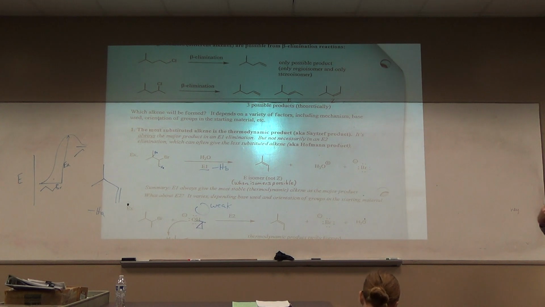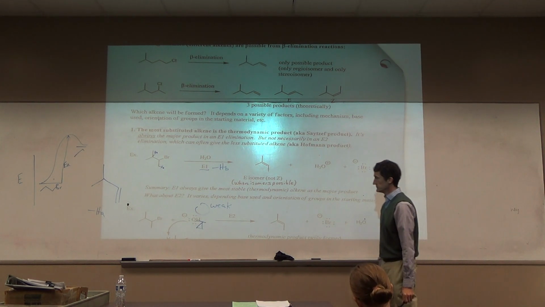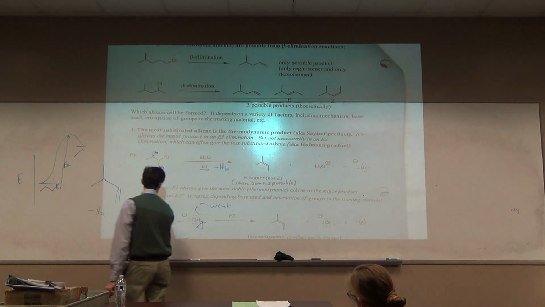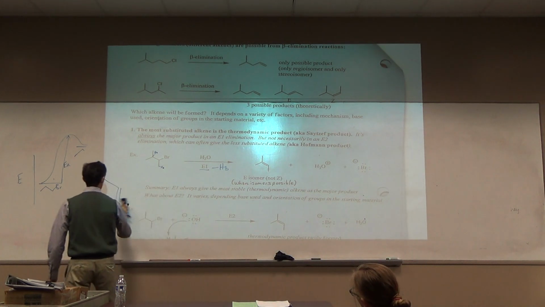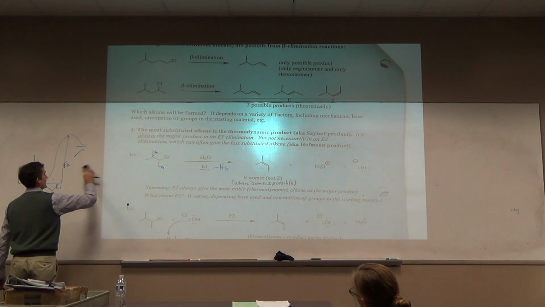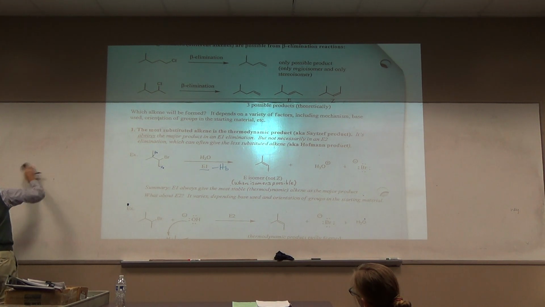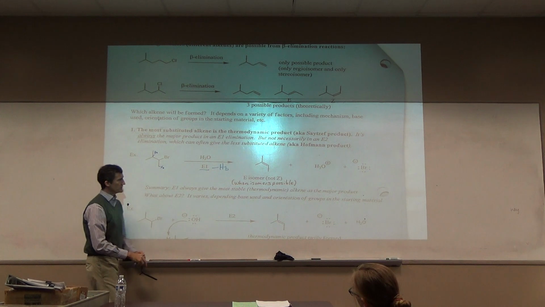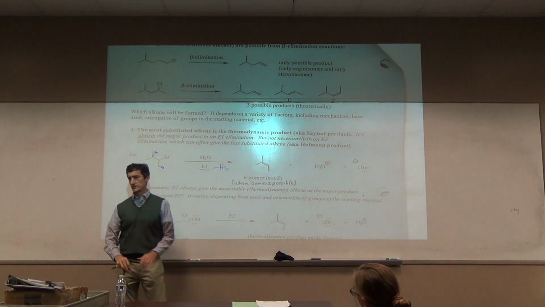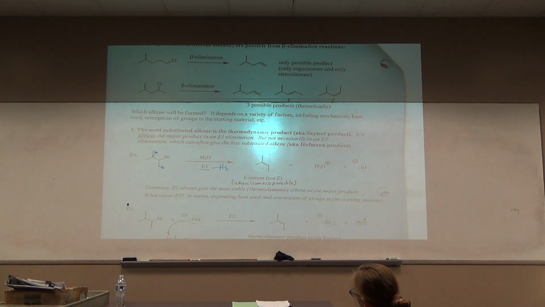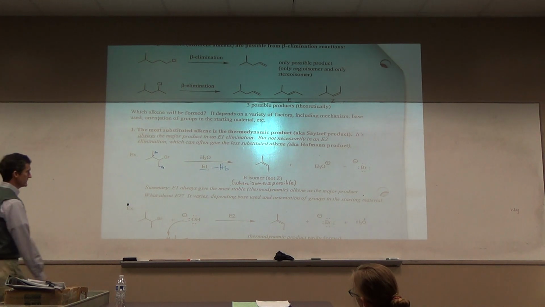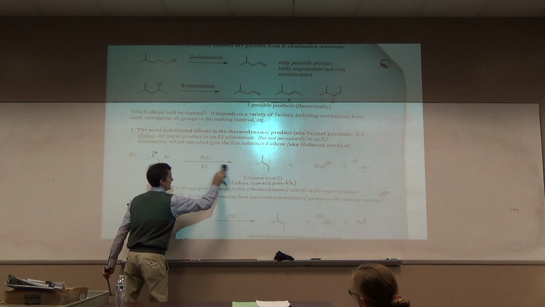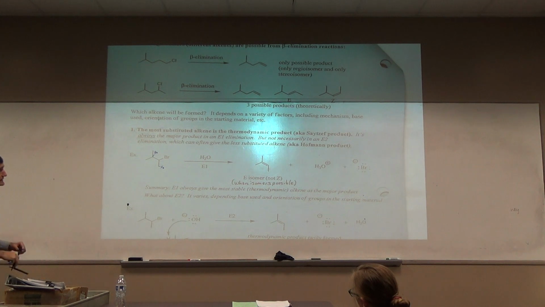It's almost just sort of the default answer. Because basically the transition state leading to a more stable product is going to be lower, typically. And that's the reason. Ultimately, E1 is easy.